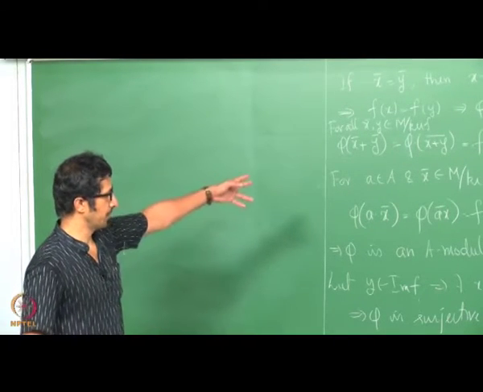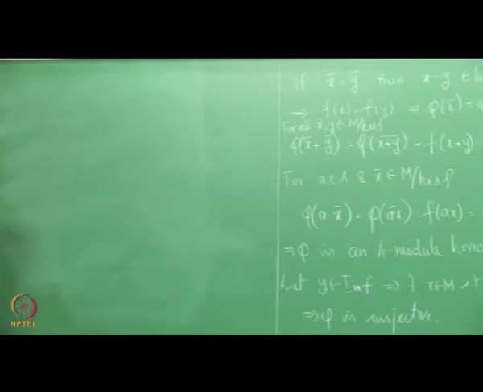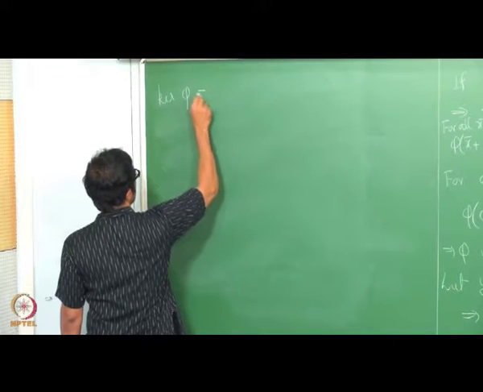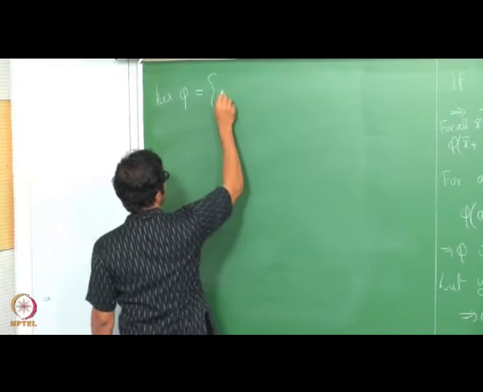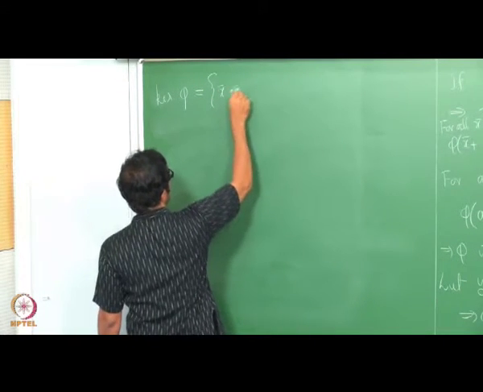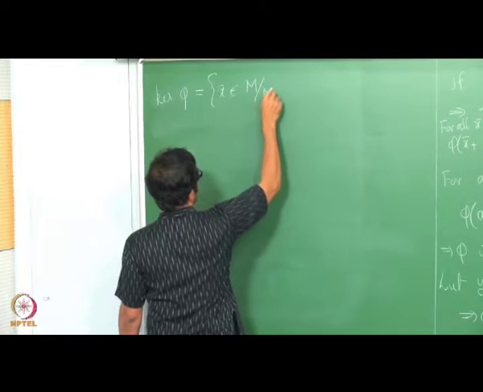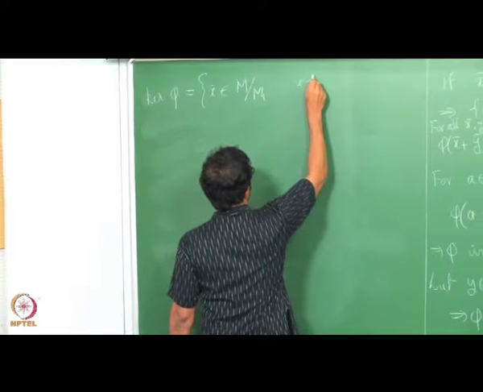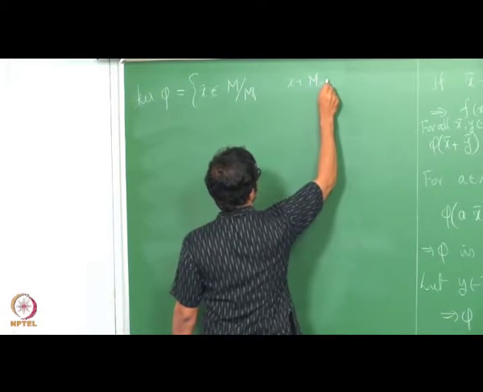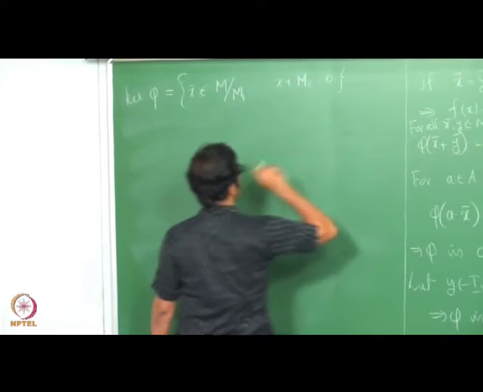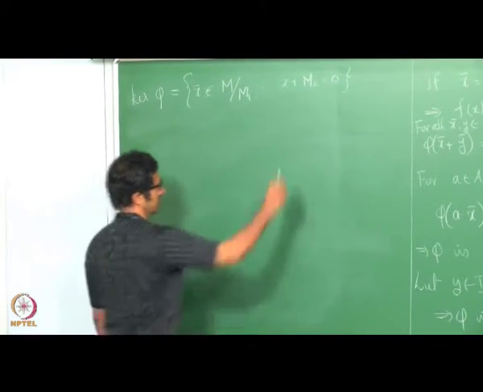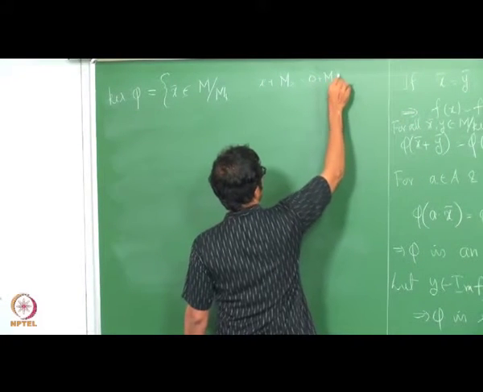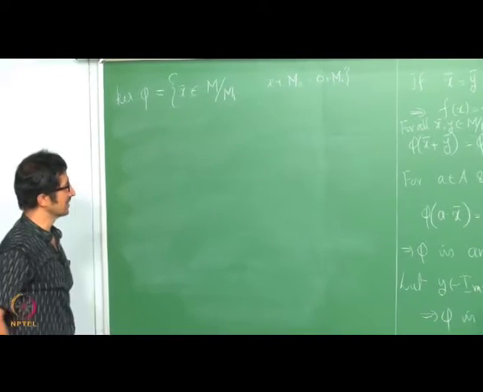So, now what is the kernel of phi? Kernel of phi, by definition, is the set of all x bar in M mod M1 such that x plus M2 is 0, or in other words, 0 plus M2.